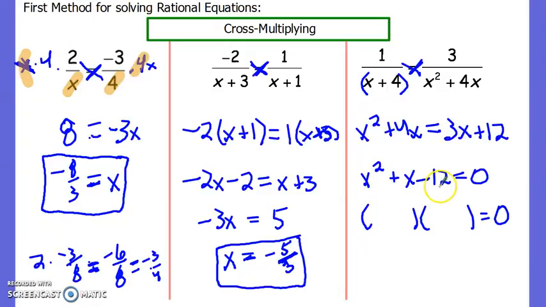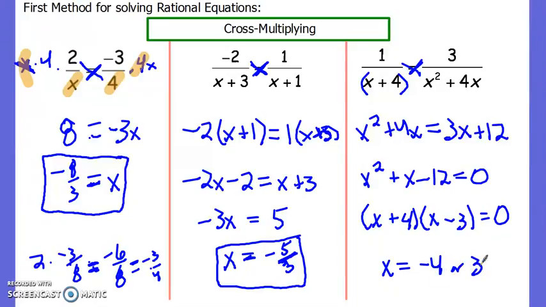It'd be much faster. What multiplies to negative 12 that's going to add to a positive 1? Well, 4 and 3 are only 1 apart. And if I make that a plus 4 and a minus 3, that should FOIL together correctly for us, which means answers of negative 4 and positive 3.